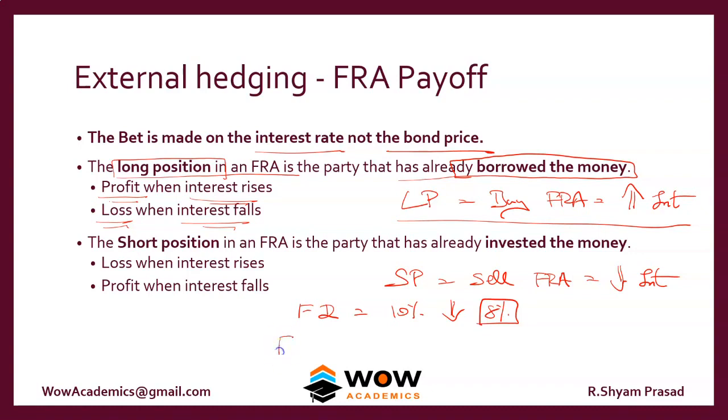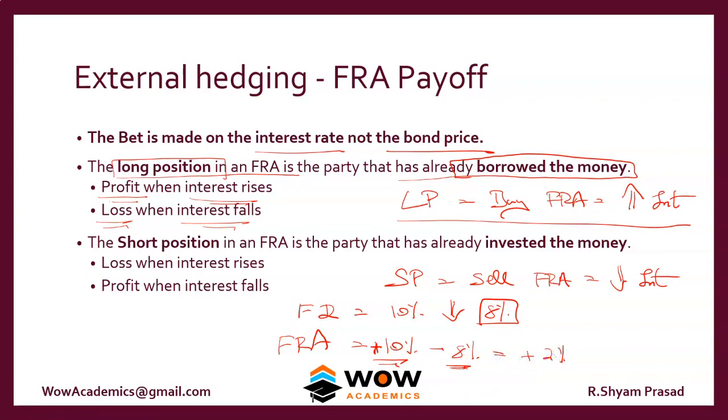So what you do is you enter into an FRA, and the FRA is at 10%. So if you are selling the 10%, that means you are going to receive this 10%. And if the interest rate goes down to 8%, that is what you are buying. So this is the selling and this is the buying. If you net it out, you get 2% interest through the FRA.